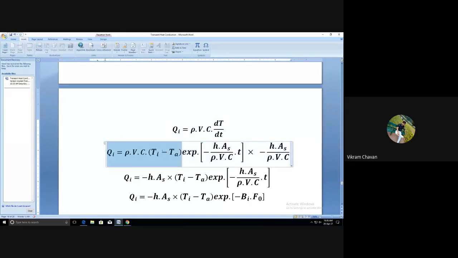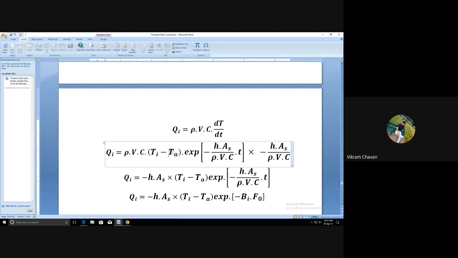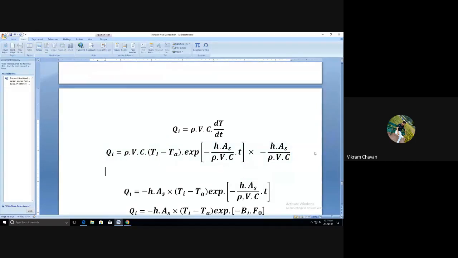So we get the instantaneous heat transfer rate as Q suffix i is equal to rho Vc multiplied by (Ti minus Ta) multiplied by exponential of minus h multiplied by A suffix s divided by rho Vc multiplied by t, multiplied by minus h multiplied by A suffix s divided by rho Vc.